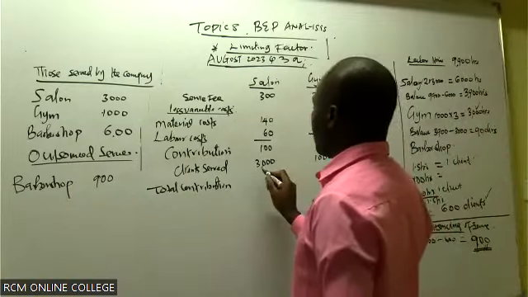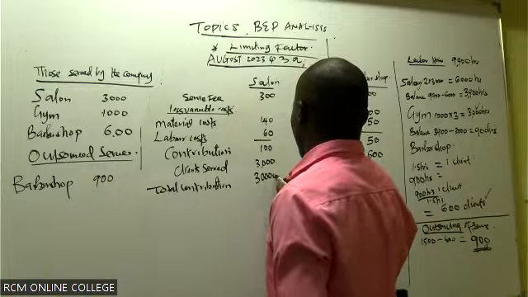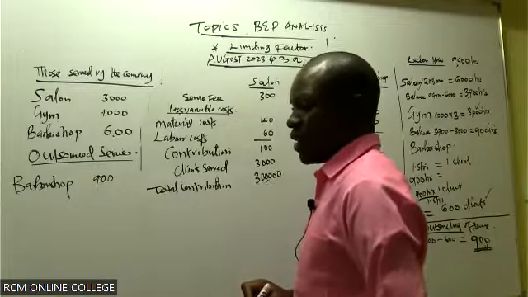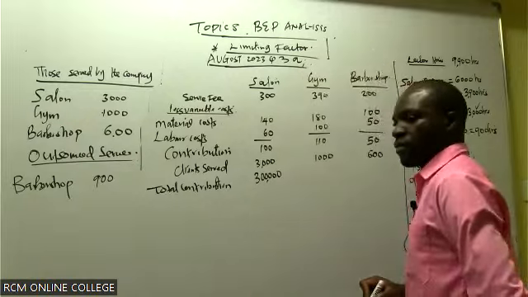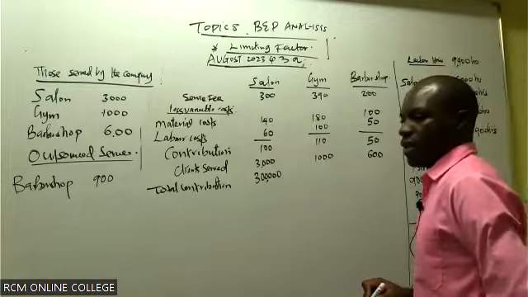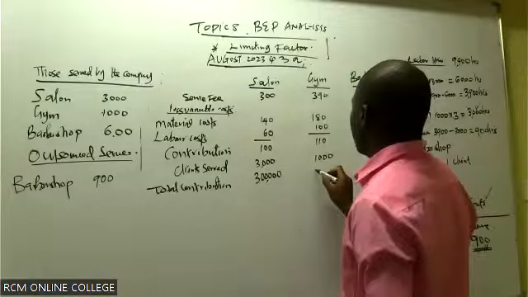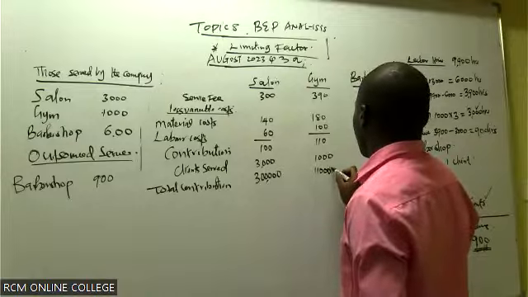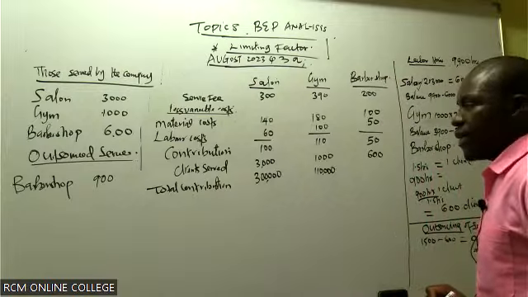So here I'll be having 300,000. Is it? Confirm, please. Here I'll be having 110,000.